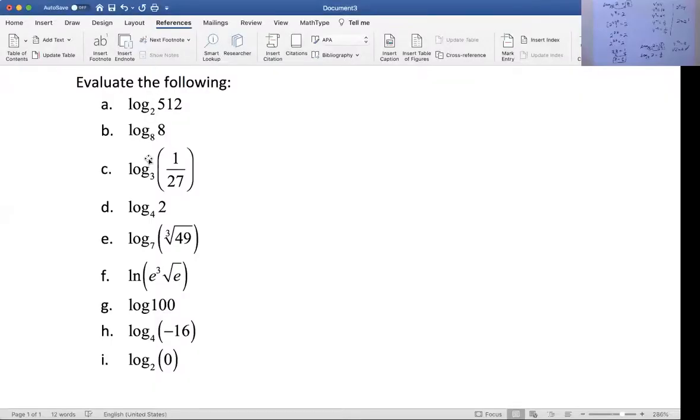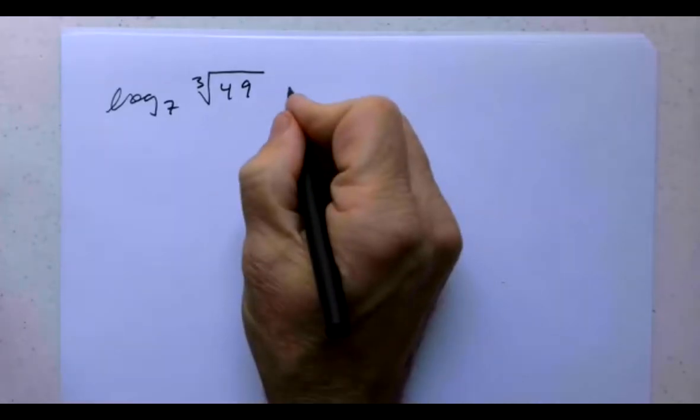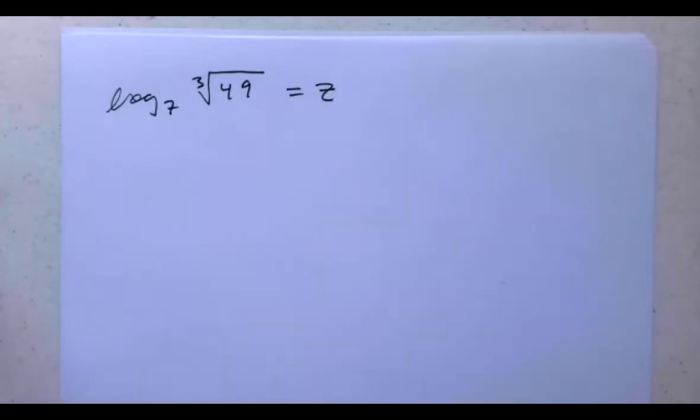Next, we have log base 7 of the cube root of 49. So our usual strategy, like I say, let it equal z. Circle the base.